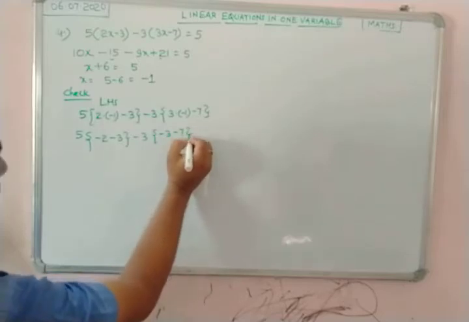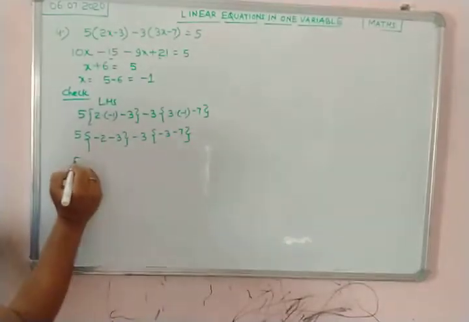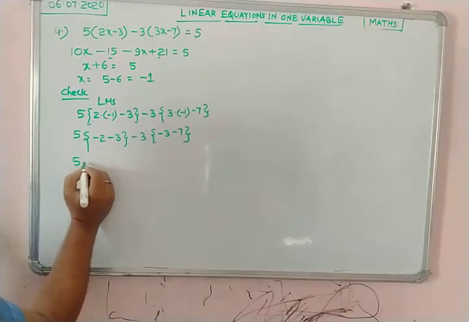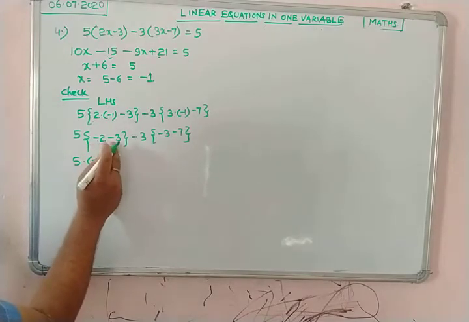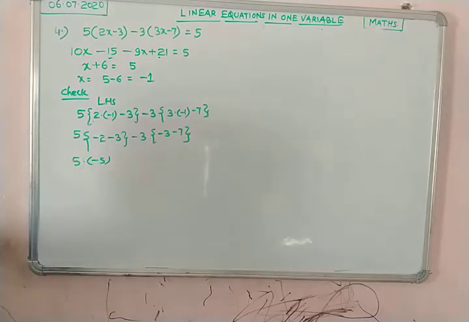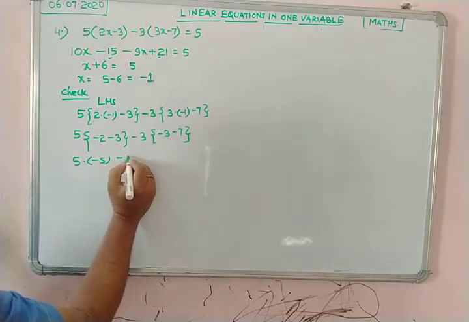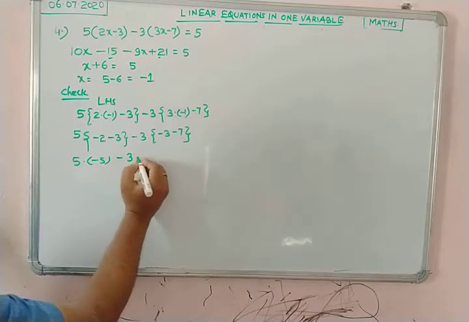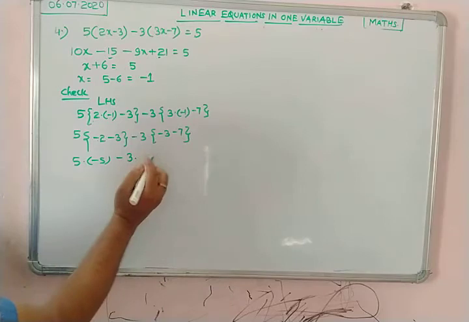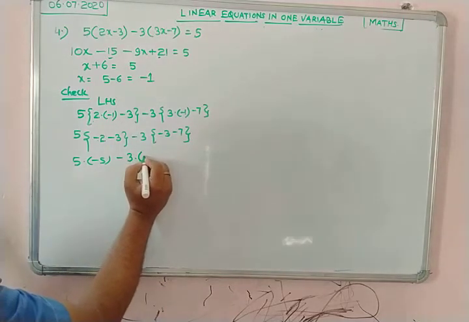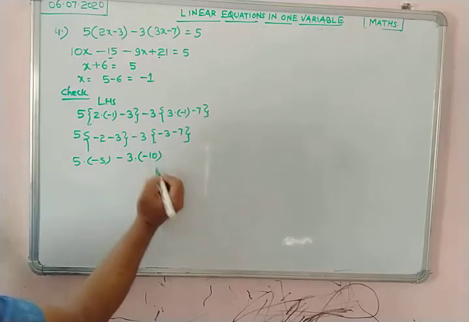Resultantly, 5 into minus 2 minus 3, that means minus 5, because minus 2 plus 3 is 5, and 3 is greater, so the sign is kept. Similarly here, minus 3 into minus 3 plus 7 gives 10, that means minus 10.